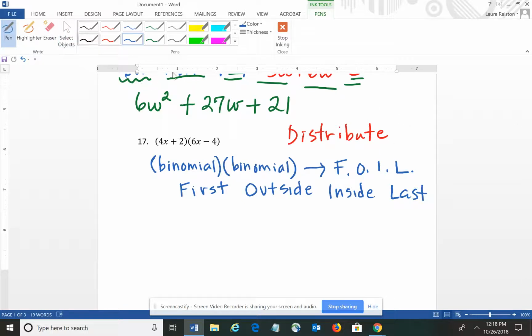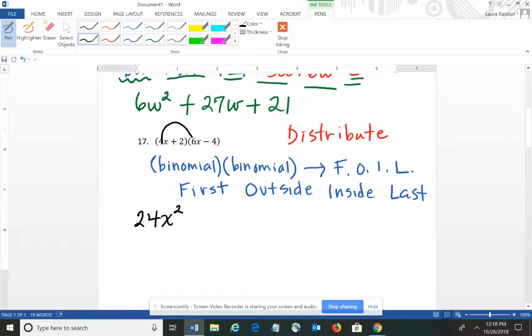Initially, I would do 4x times 6x. So first would be 24x². 6 times 4 is 24. x to the first times x to the first. Remember, you add the exponents, so it's x².